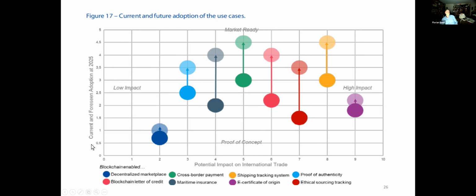On this axis is current and foreseen adoption to 2025. And on the left-hand side, it's sort of low impact, proof of concept, high impact. So you can see that. Decentralized marketplace seems to be not very important. So it's kind of low impact and far from implementation.